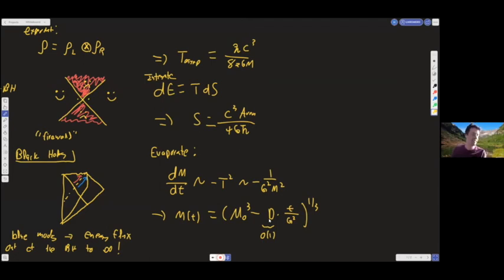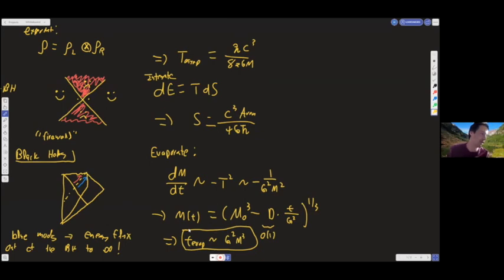What we learn is that the evaporation time goes like g squared m cubed. And this is a very long time. For example, if the mass of the black hole is of order the mass of the sun, then this is something like 10 to the 66 years.